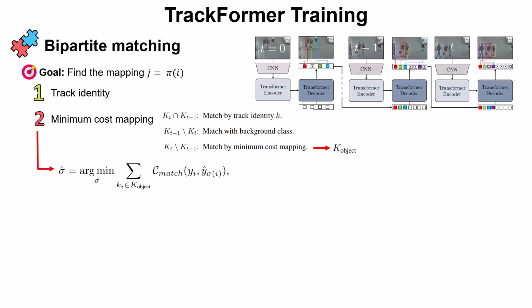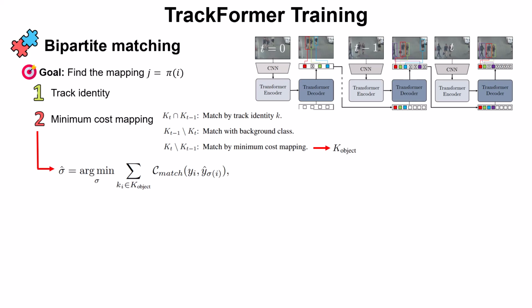So this sigma(i) should receive a ground truth index i and give us a prediction j. And that prediction and the ground truth should have the minimum cost, which is the point of mapping, right? Finding some prediction that is most similar to the ground truth. And that's what our network is representing.